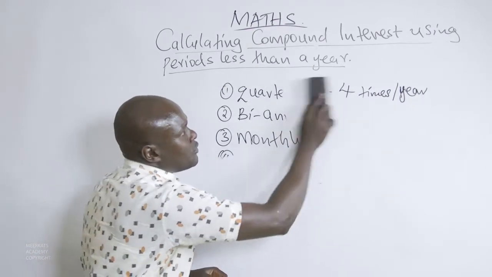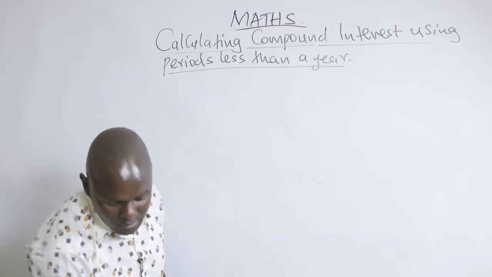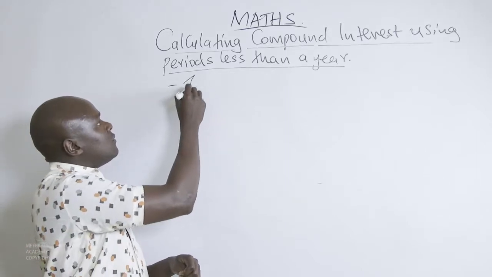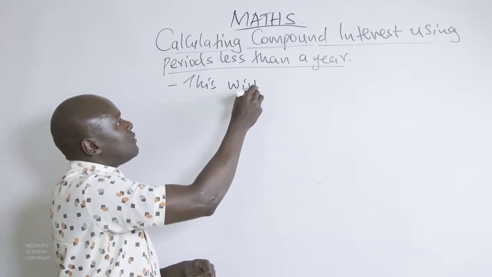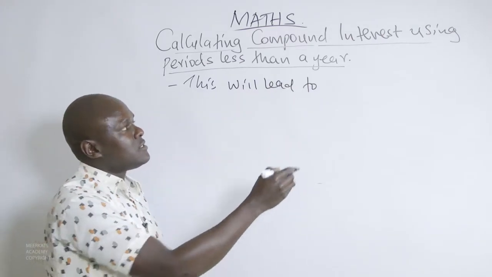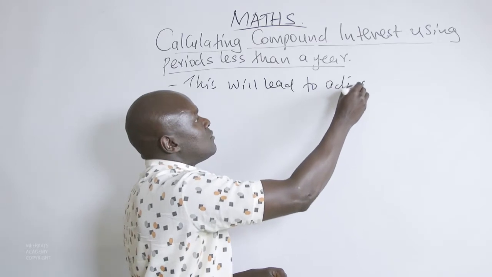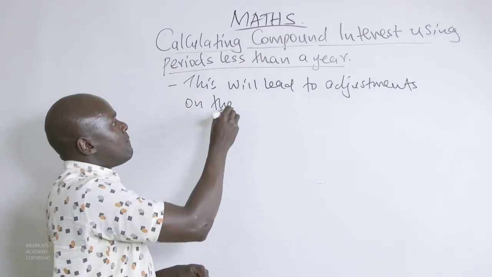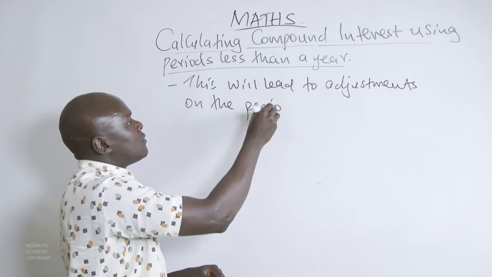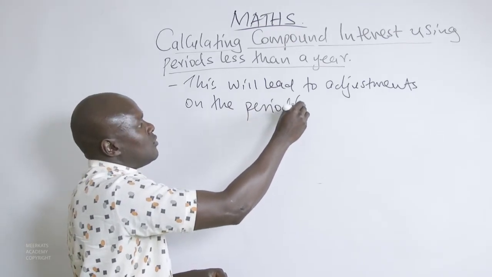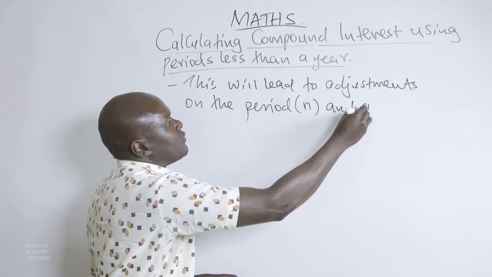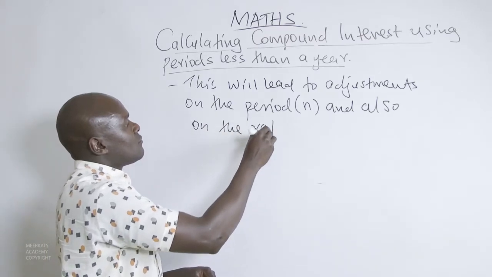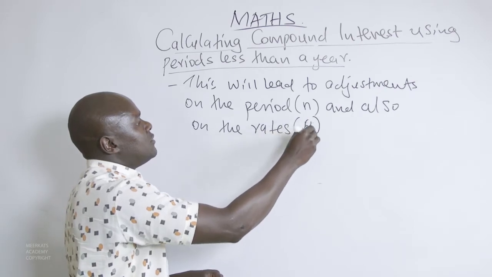An important point to note is that when the period is less than a year, then automatically this will lead to adjustments on the period denoted by n, and also on the rates of compound interest denoted by r.